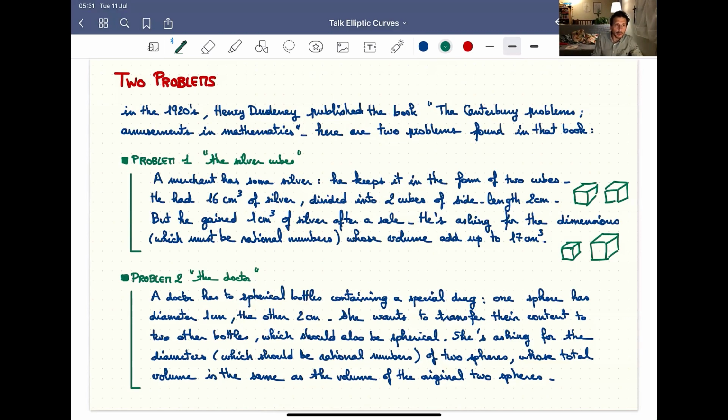What he wants to know is what dimension he should give to those two cubes. One of the extra requirements in the problem is that the side lengths of those cubes should be rational numbers. That's the first problem.